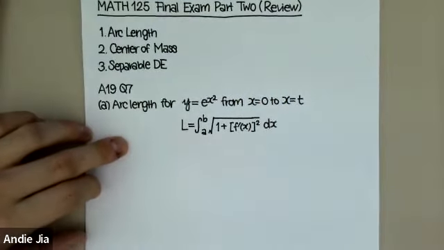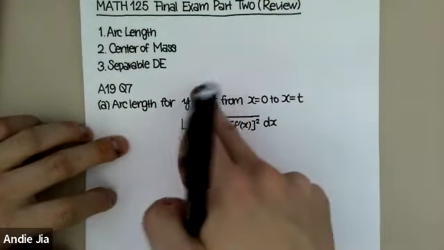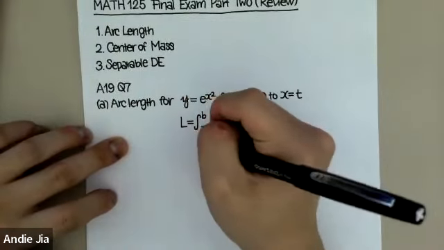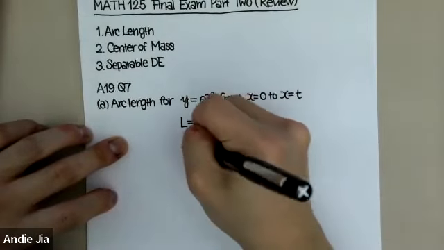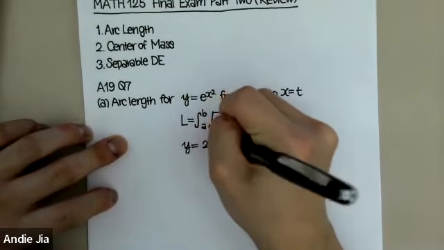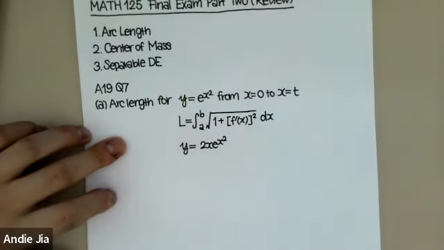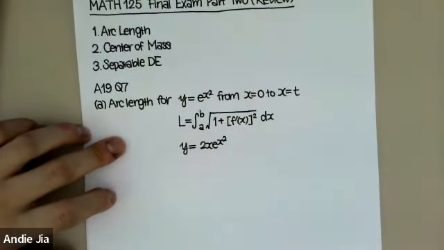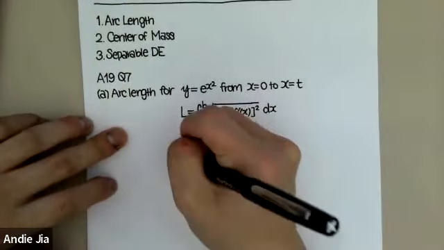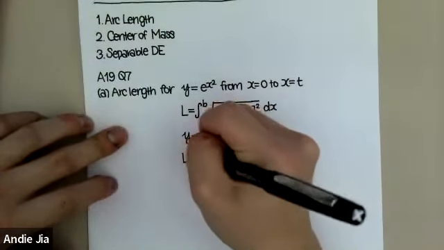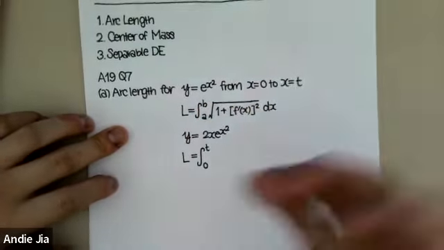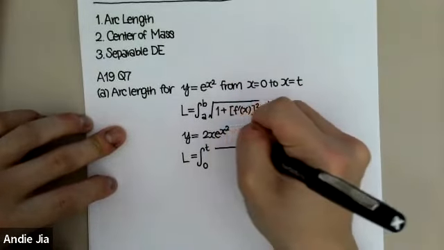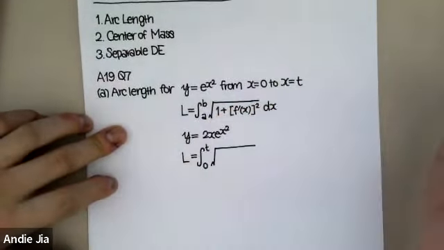That's just the integral equation, and we take the derivative by chain rule. y prime equals 2x e to the x squared, and now you can't just evaluate this integral, because you won't get any kind of easier answer.